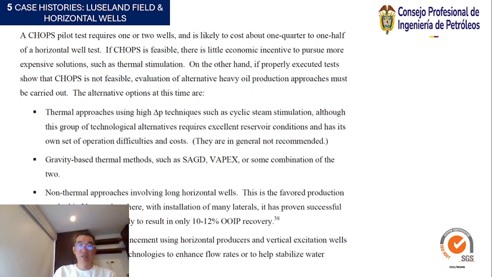Pressure pulse flow enhanced using horizontal producers and vertical excitation wires can be used with most technologies to enhance flow rates or to help stabilize water injection in heavy oils.